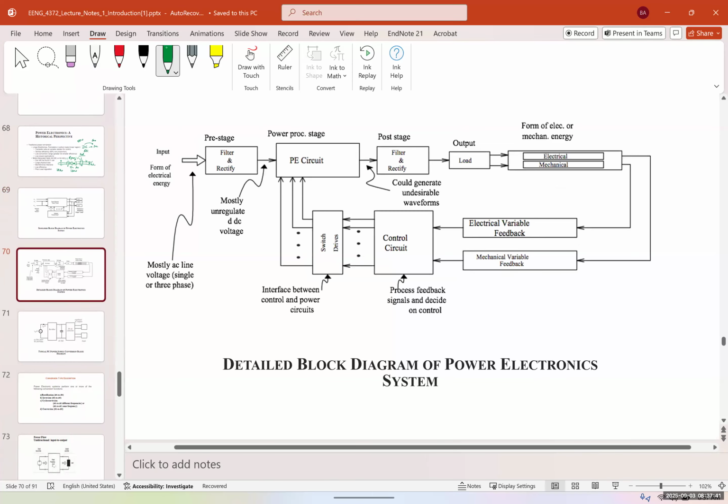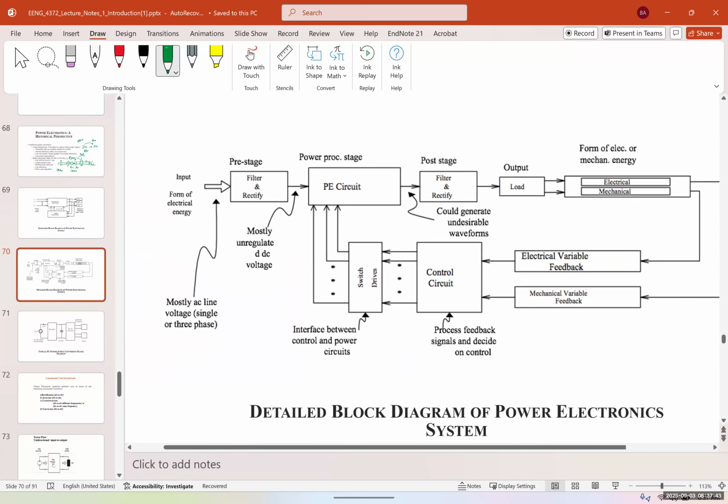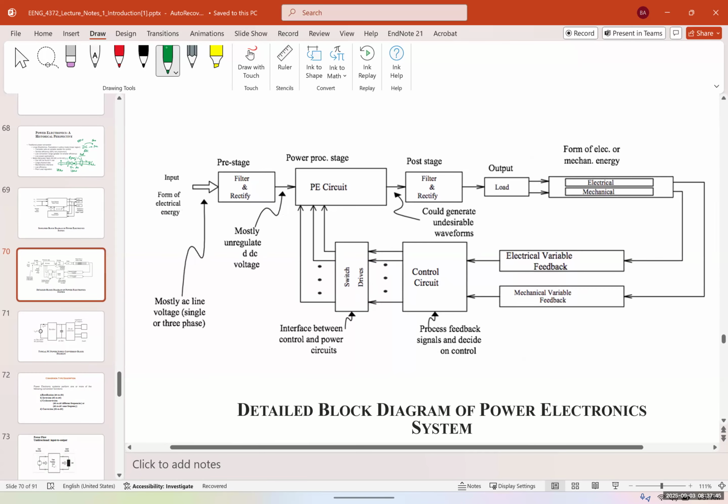If you want to go into more detail, this is a detailed system of a power electronic system. We have input, which is a form of electrical energy, which could be AC or DC power. We have filters and rectifiers. If we have a DC, we want to get rid of the noise most of the time.